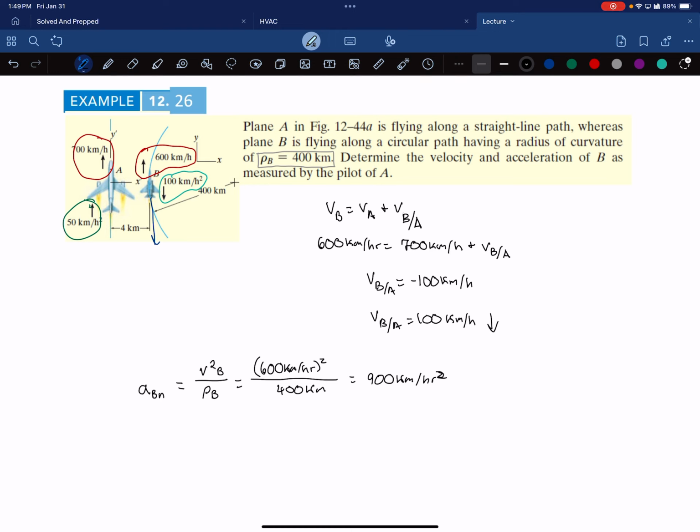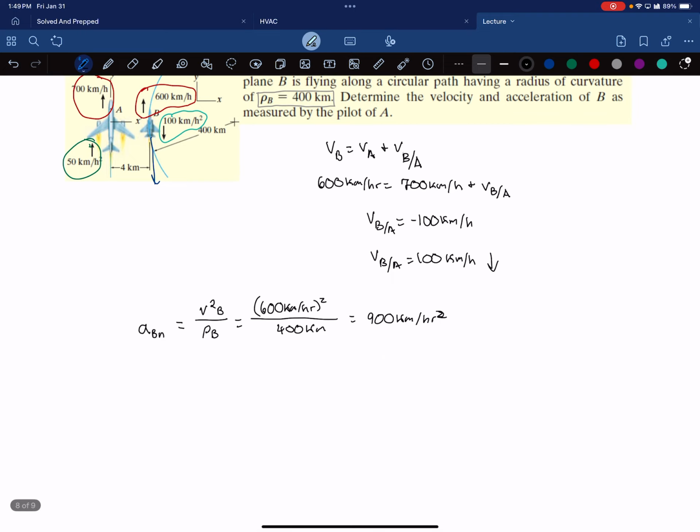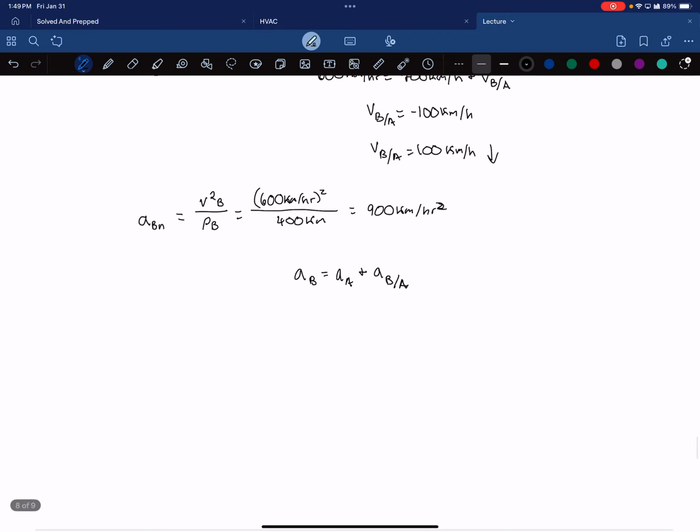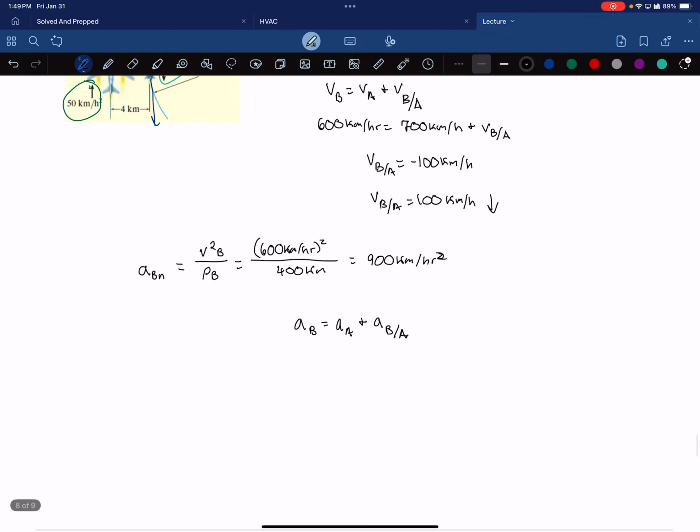So then we're going to use the same equation that we used for velocity, but for the acceleration. So the acceleration of B is equal to the acceleration of A plus the acceleration of B with respect to A. For the acceleration of B, we have two components.